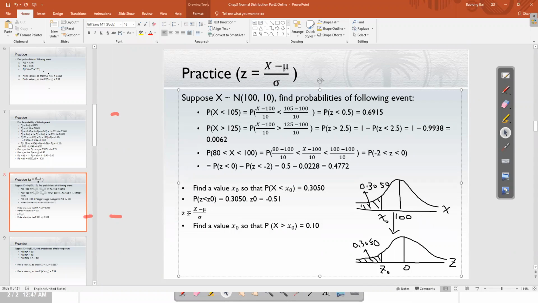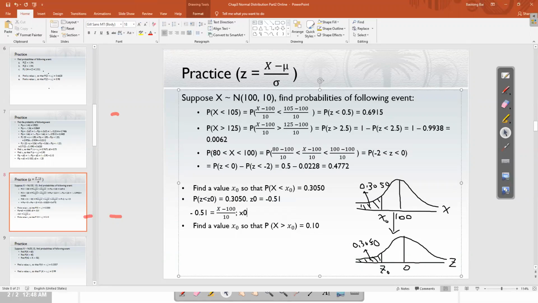So here we know what z is already. Z is negative 0.51. X is the variable we're looking for, x of 0. And the mu is 100 and the sigma is 10, right? So now we just need to solve this equation for x.